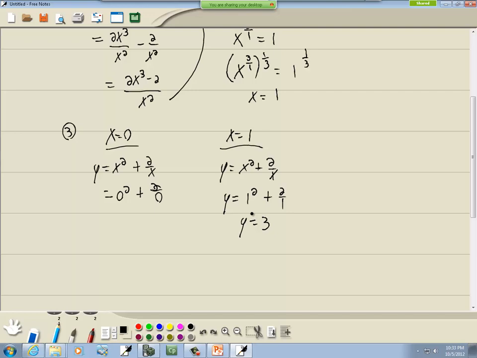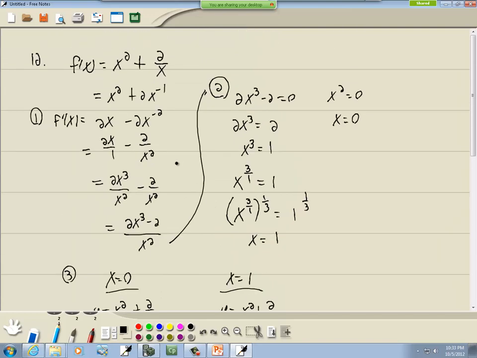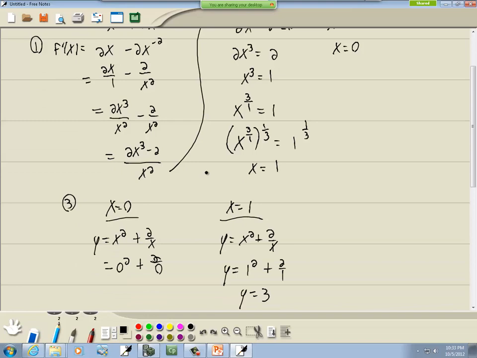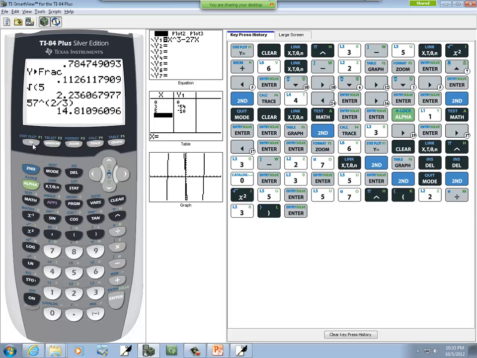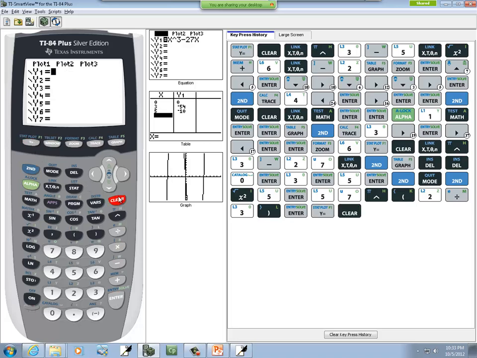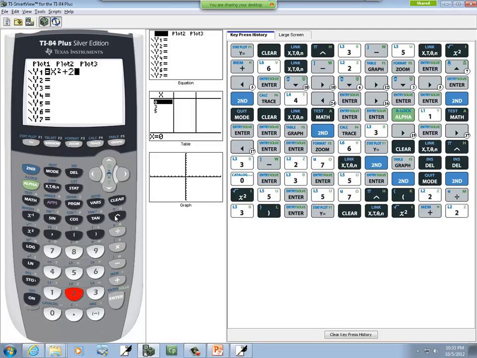Now it makes me wonder what this graph even looks like then. So let's go take a look at it because I'm curious. X squared plus 2 over x. And then graph.